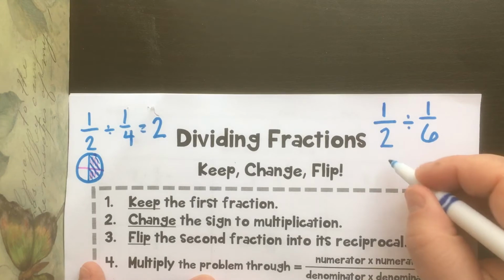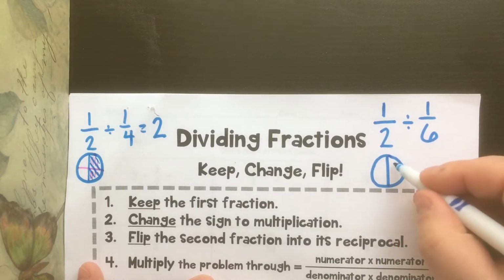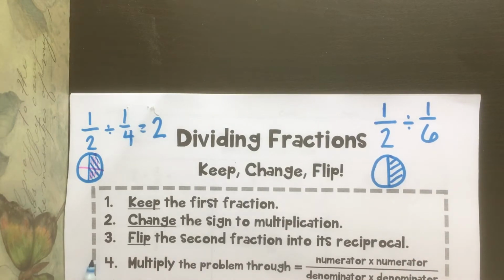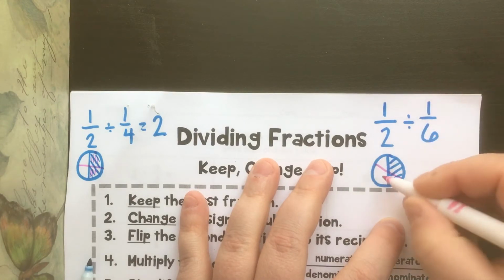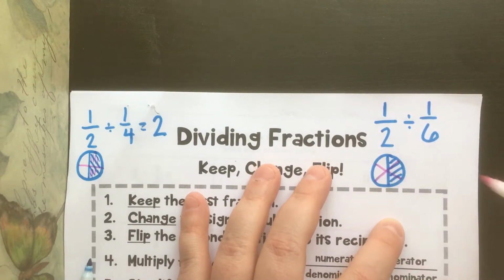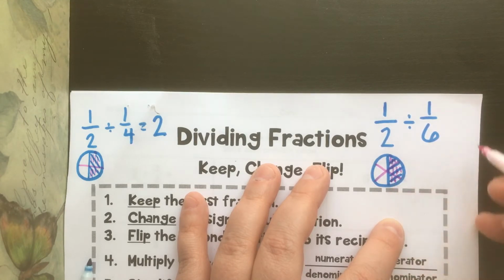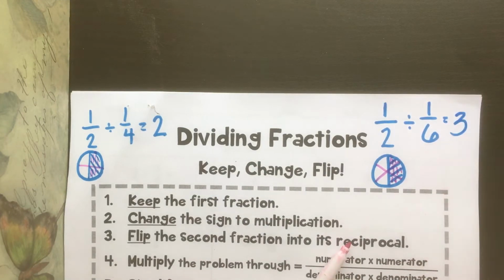Again, if I was going to draw it out, I have a circle, I have a half, and then I'm going to go ahead and divide that into 6. And if I divide this circle into 6, and I said how many 6 are in 1/2, I have 1, 2, 3. So 1/2 divided by 1/6 is 3.